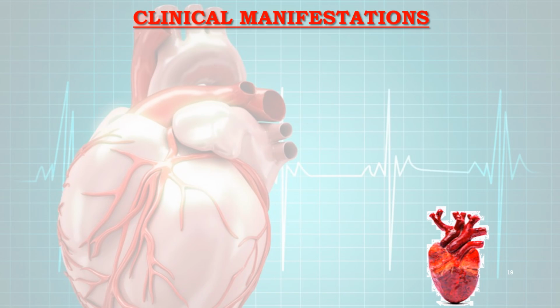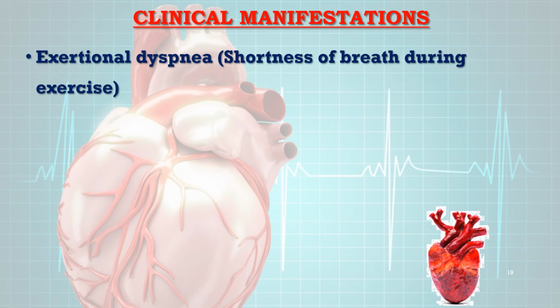This is the pathophysiology of hypertrophic cardiomyopathy. Then what are the clinical features? Exertional dyspnea, that is shortness of breath during exercise. Definitely, when there is a decreased cardiac output, the body demands more oxygen when we are doing any exercise or strenuous activity. So when oxygen demand increases, the patient ends up with shortness of breath. Actually, this is a compensatory feature of the decreased cardiac output.